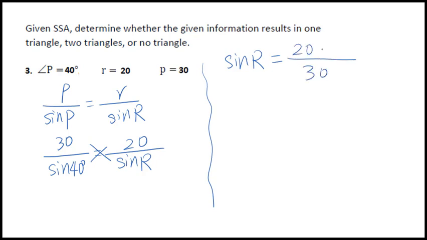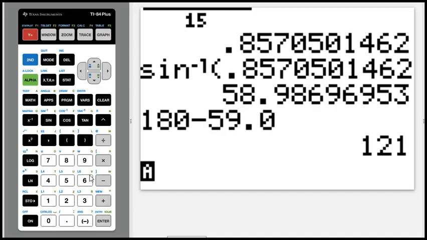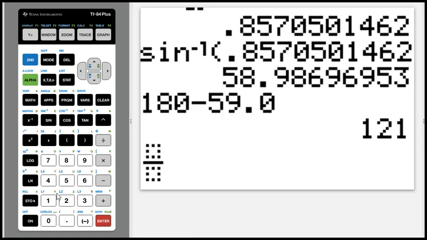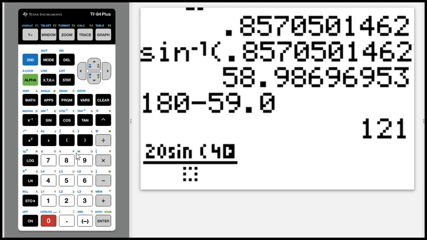You have 20 times sine 40 degrees. Go to alpha y equals, and 20 times sine 40 over 30. Enter.